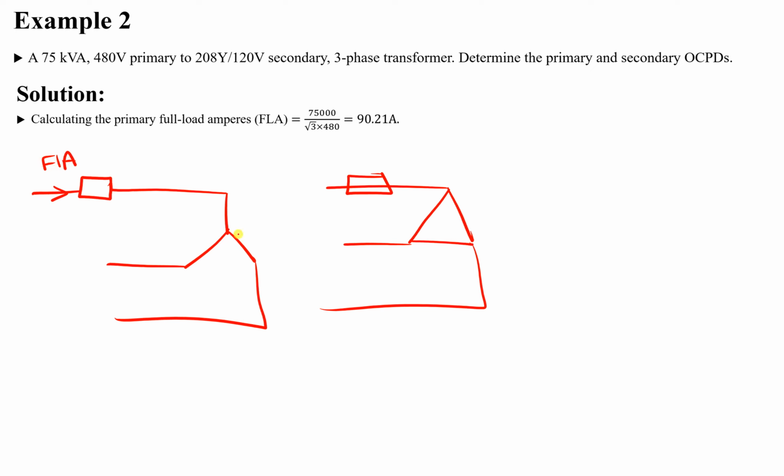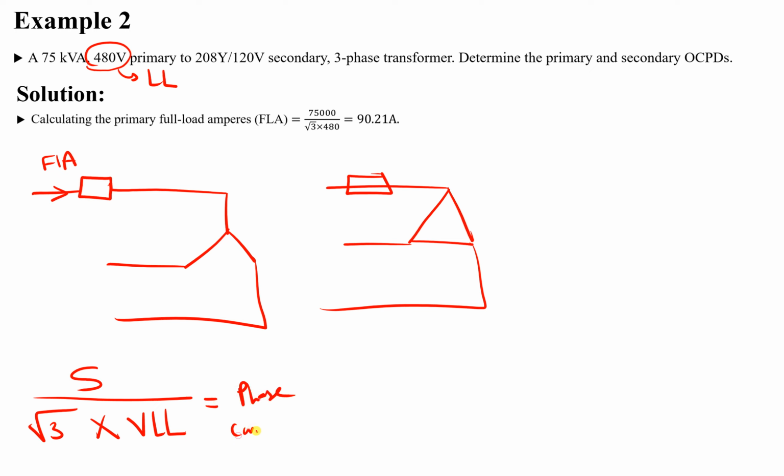For a star connection, it will be S divided by root 3 multiplied by V line to line. We assume that this one is the line to line voltage. So in this case, it will be S over root 3 V line to line, which will give us this full load ampere current, which is the phase current.